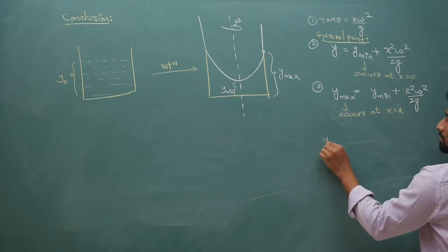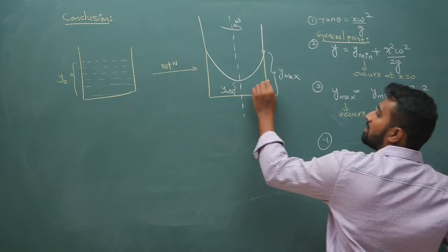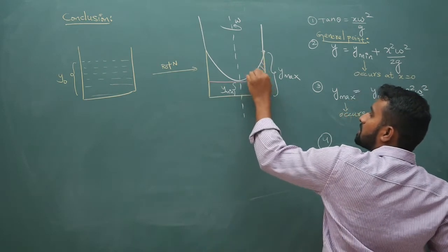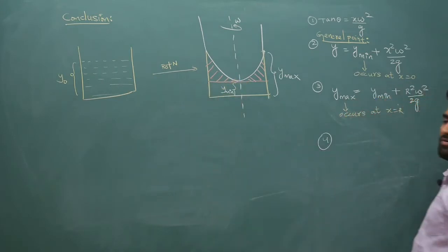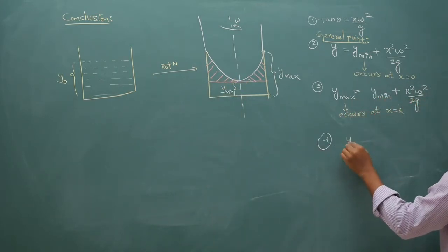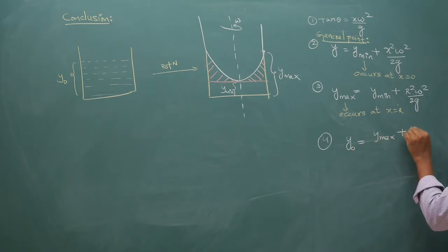Then this paraboloidal shape, this shaded portion, gives you the volume of the paraboloid. One more relation I forgot: y naught is equal to maximum height plus minimum height by 2.